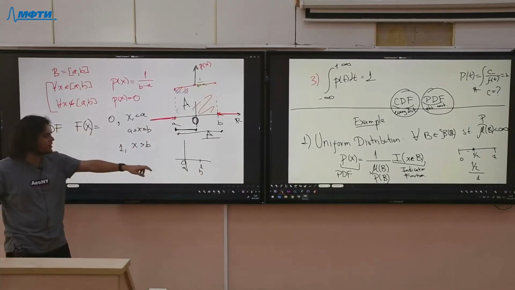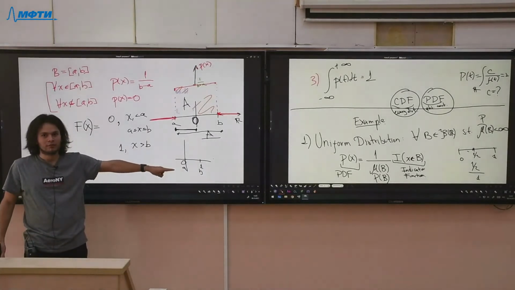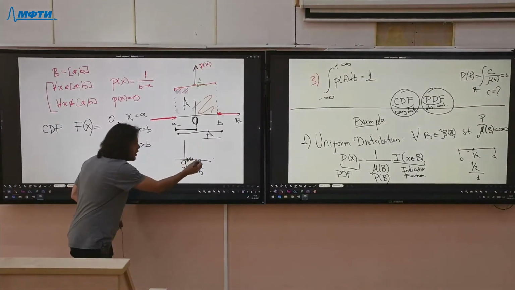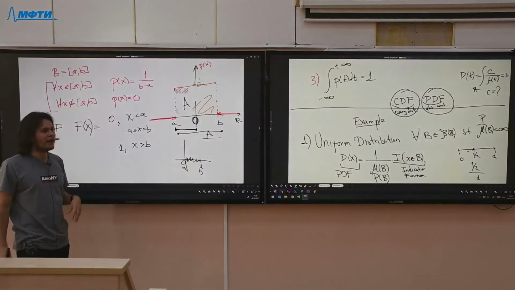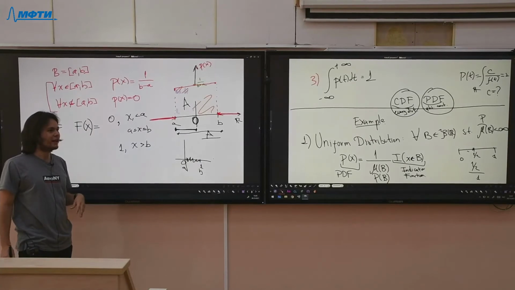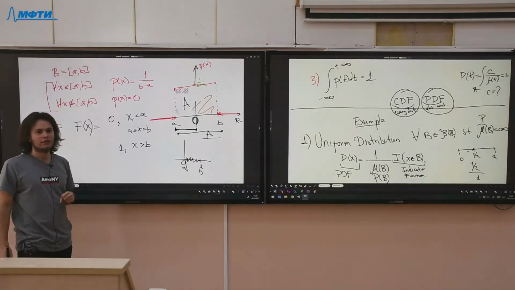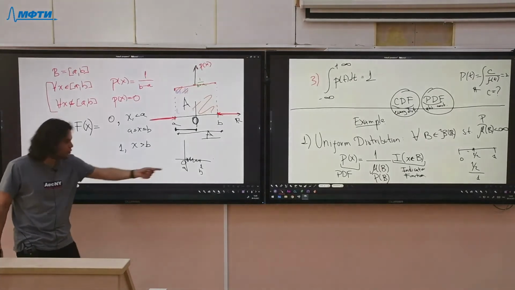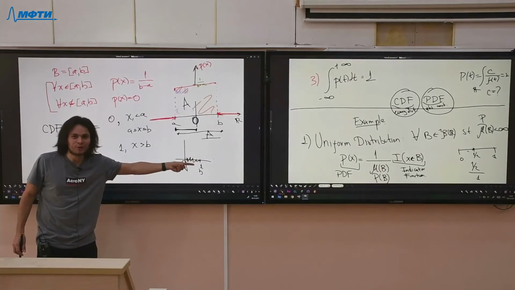What is the probability that we obtain a number less than 0? 0, right? And all the possible numbers are here, right? What is the probability that we obtain a number less than 1? Okay, 1, because all the possible numbers that we can obtain are less than 1.